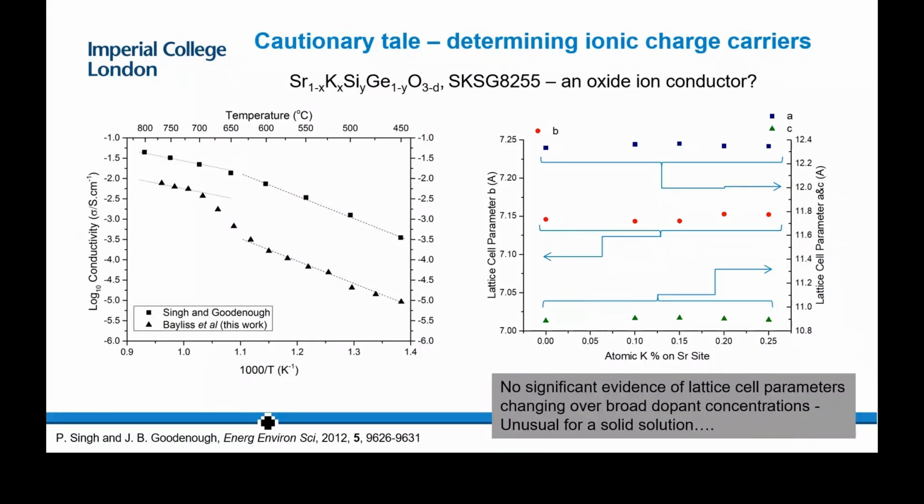So we looked at this and thought, oh, this is interesting. And so this is the data that they published. So reasonable temperature range, really good fast ion conductor, supposedly. We measured it and got this. And we thought, oh, that's alarming. Something's not right. So we thought, something's not quite stacking up with this material.